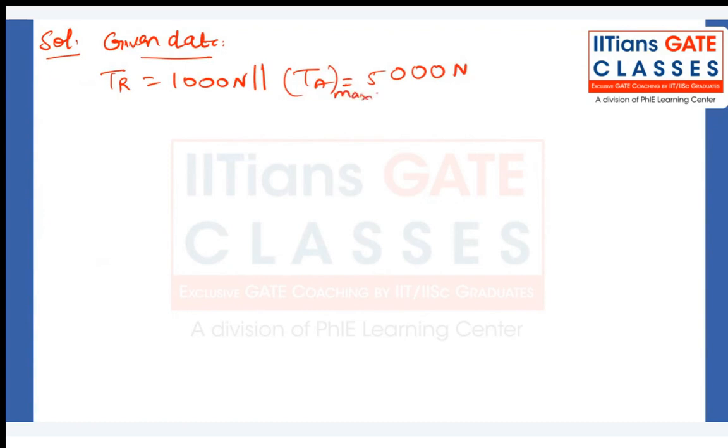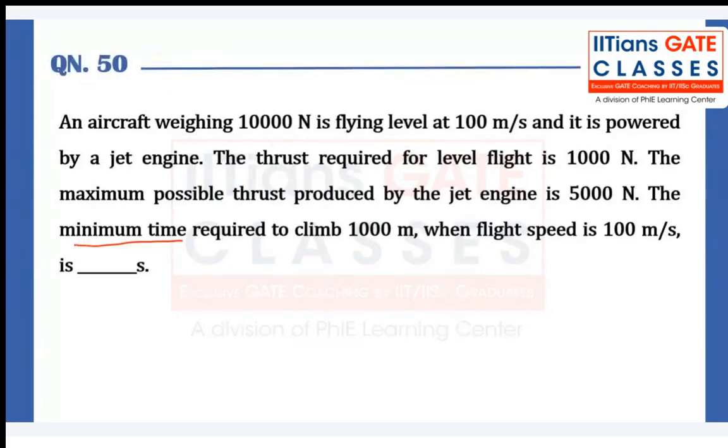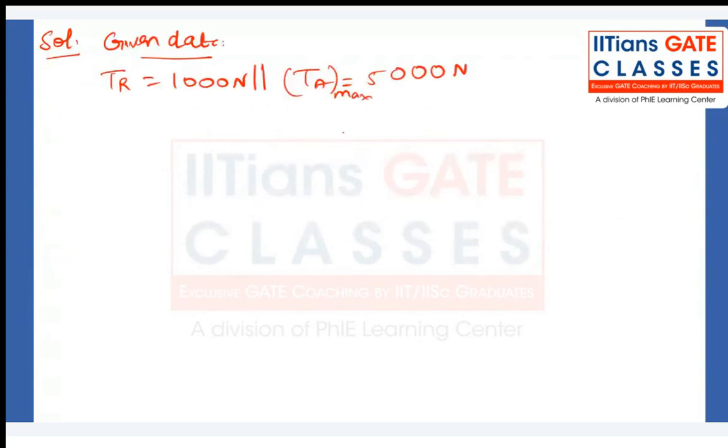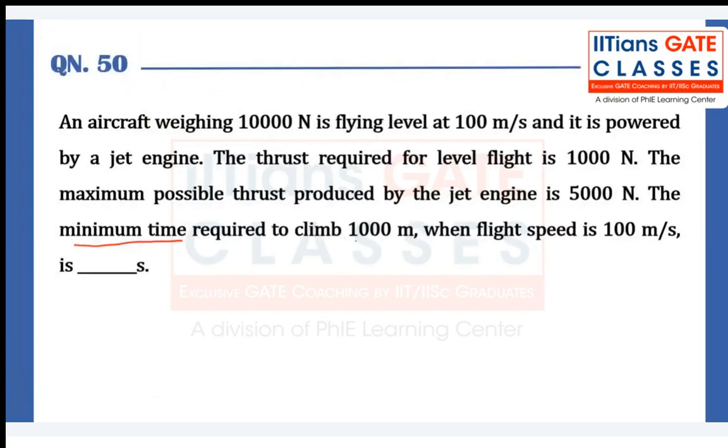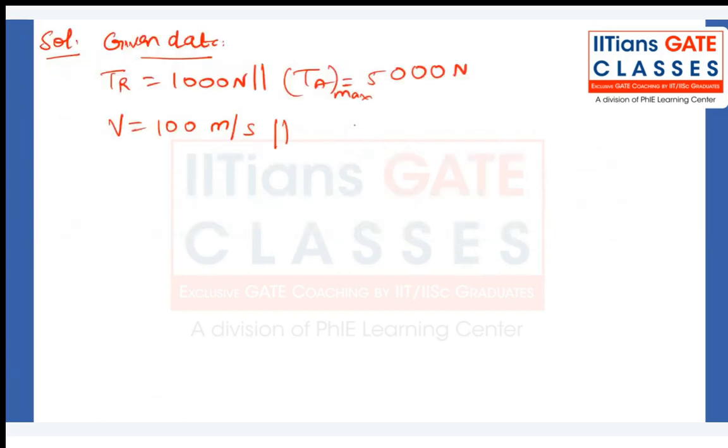It's the max, and he's saying it is flying level at 100 meter per second, so V is 100 meter per second, and he says the minimum time required to climb 1000 meter, so the height is 1000 meter. So which means from here to here, let's say you are now traversing this direction. So which means the height is now 1000 meter.